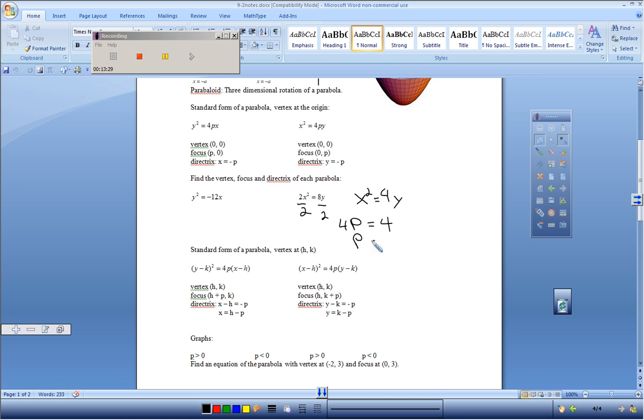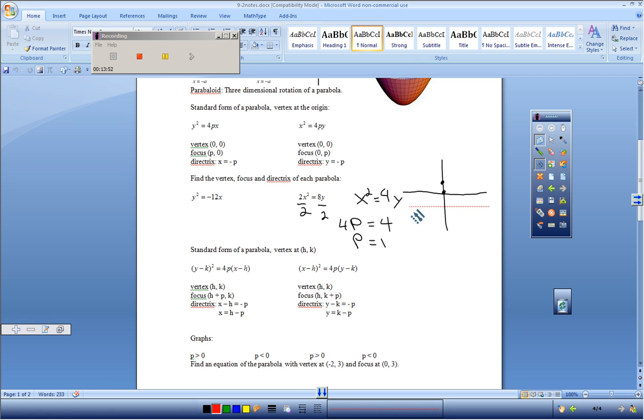So p equals 1, which means that the vertex, so this parabola right here, is a right side up parabola. I know that because this number is positive. The focus is 1 unit away from the vertex, and the directrix as well is 1 unit away from the vertex.